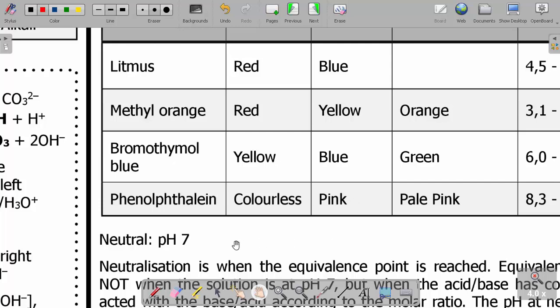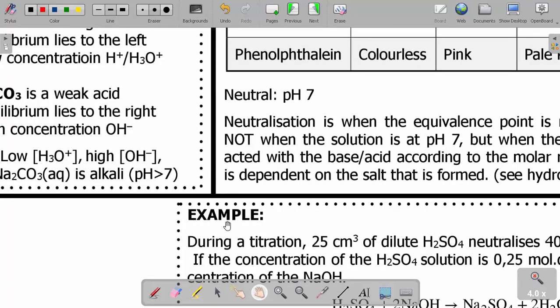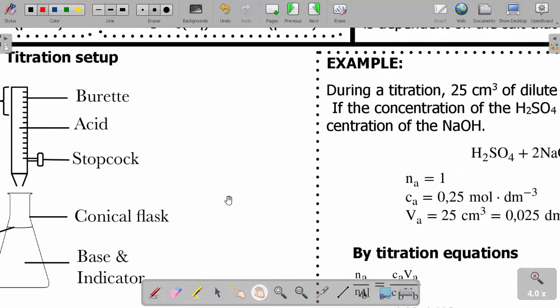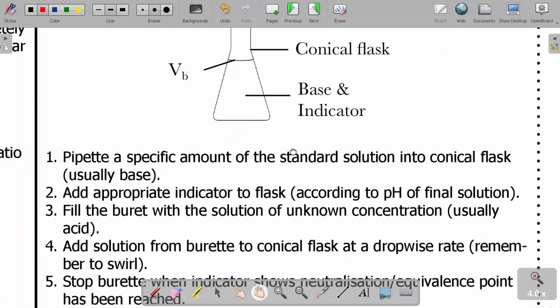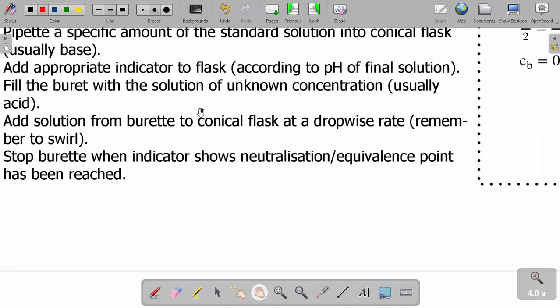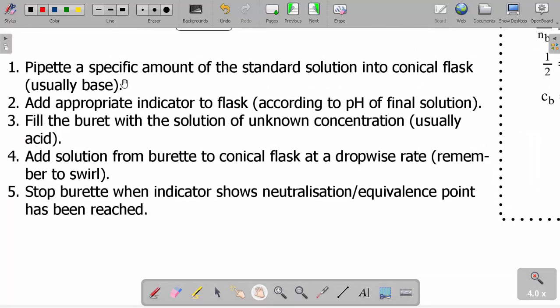Phenolphthalein indicator in the conical flask. Now the burette is what we use to get a specific volume of the acid that has been used to neutralize the base, which is in the conical flask.